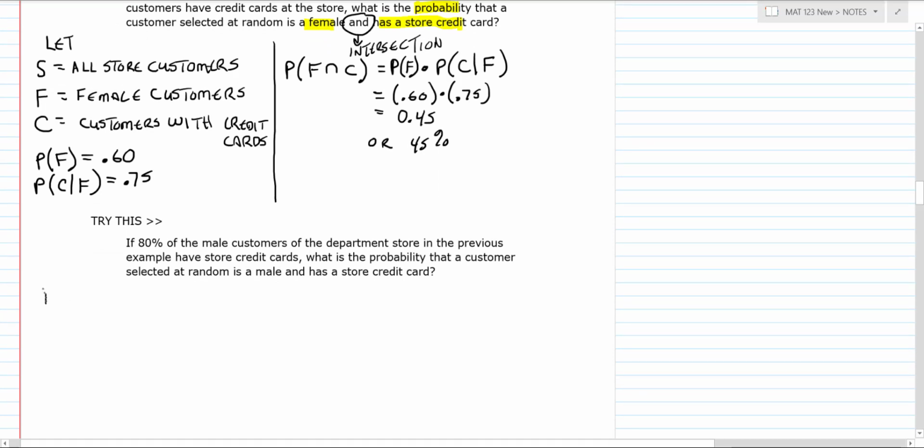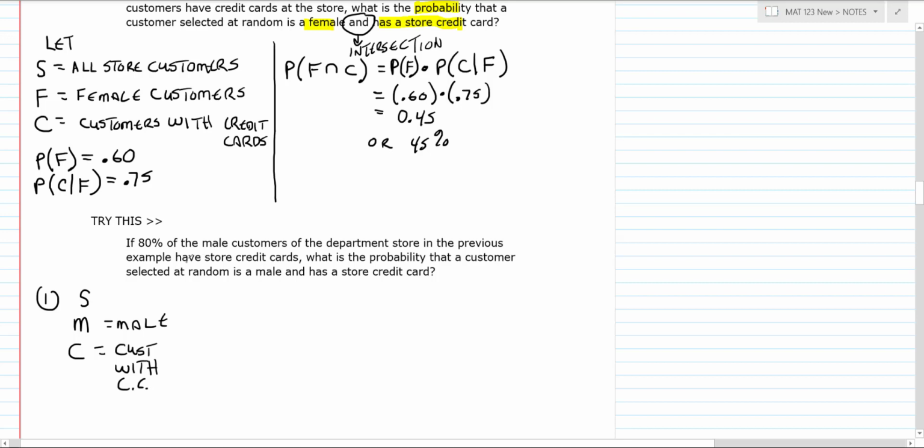First of all, in this problem, it says 80% of the male customers have credit cards. We still have S is all the store customers. Now we have M is the male customers. And we still have C is the customers with credit cards.